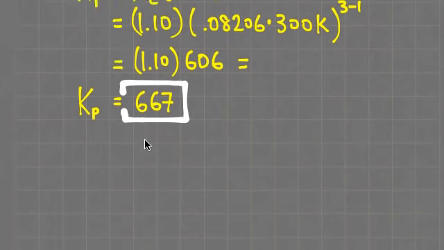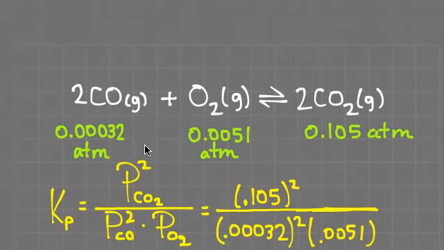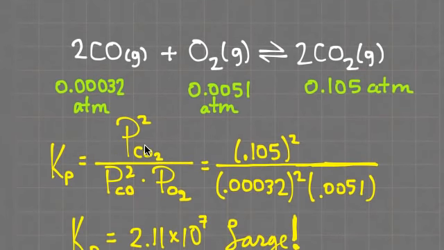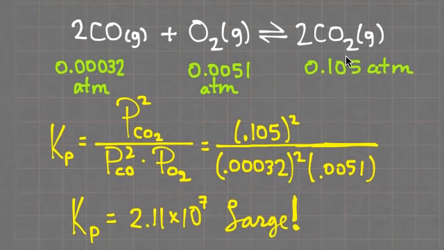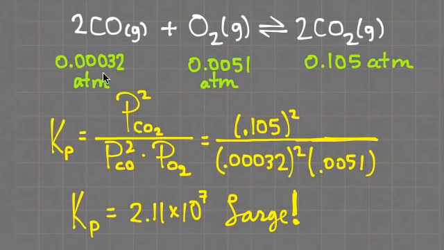Okay, let's try one more example, I think. I believe I have one more. Yep. Carbon monoxide, 2 molecules in equilibrium with an oxygen gas molecule and 2 carbon dioxide molecules. Again, in this problem, I'm told atmospheres. Oh, I'm told some data. So 0.00032, 0.0051 atmospheres, 0.105 atmospheres, and my pressure constant.